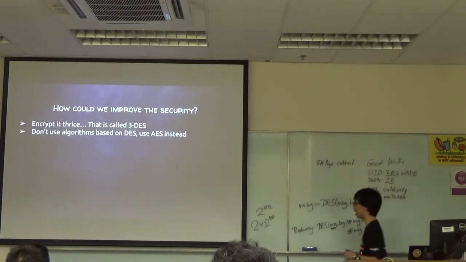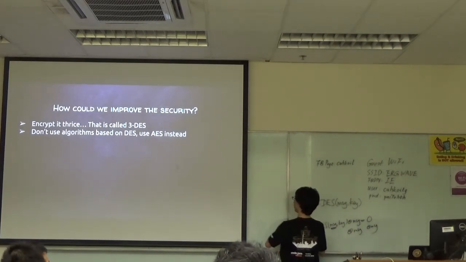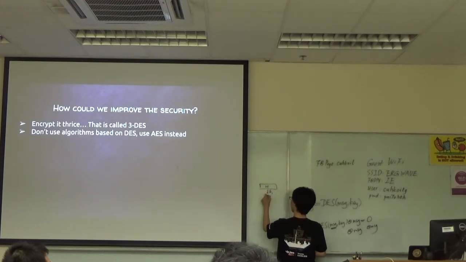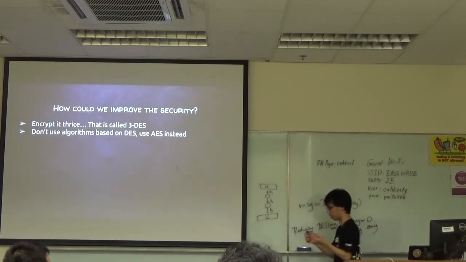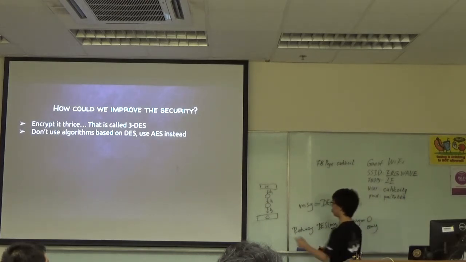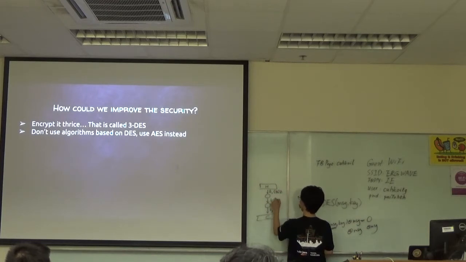If we use triple DES, we just encrypt it three times using three different keys of 56 bits.